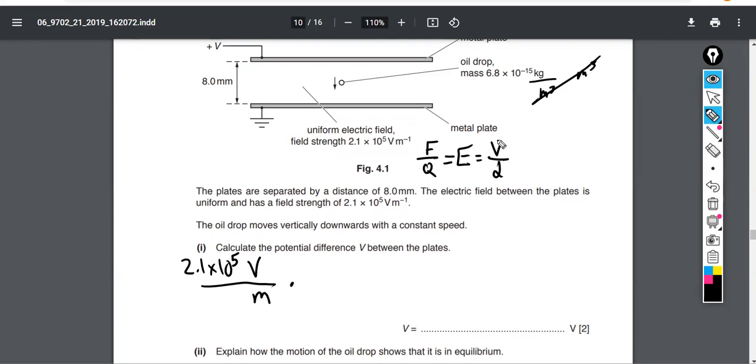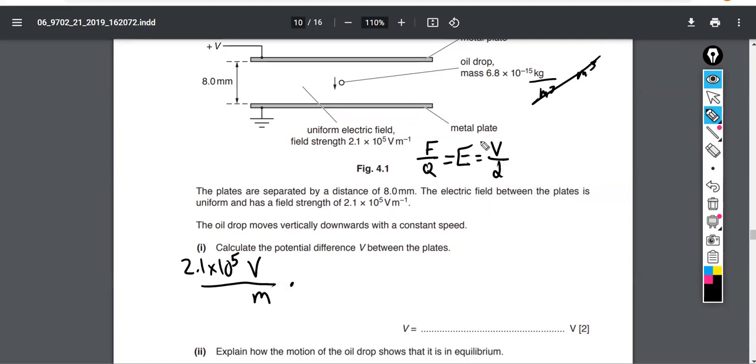So usually in the lab, we control the voltage and the distance between the plates, and so we know the field strength, but then we can use this side of the equation to figure out the force acting on the charge, which we calculated before in this class. And then today we're going to calculate the actual charge on this oil drop, but not yet. So far, we're just calculating the voltage V.